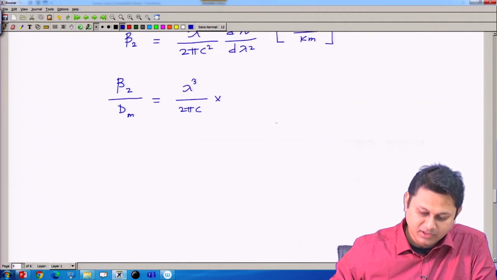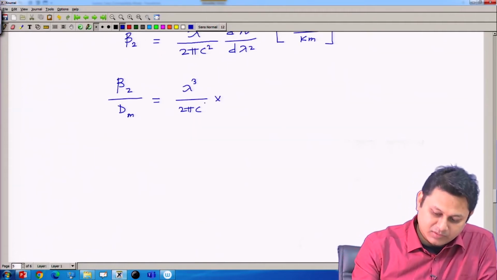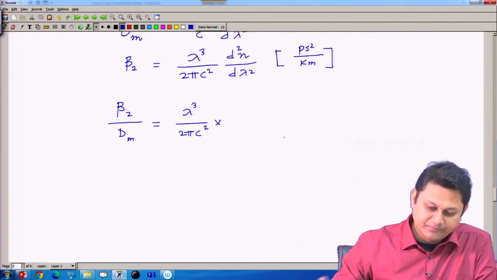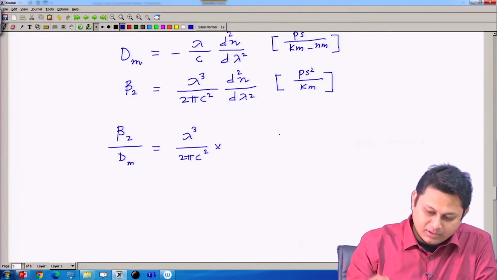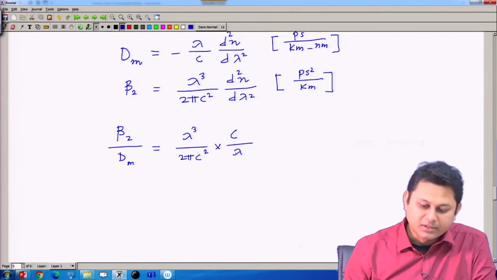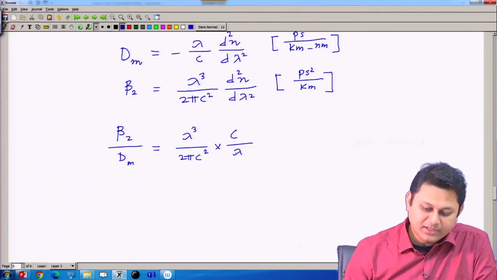So, I missed a c square. So, it should be c square, and then dm is c divided by lambda. The d2n d lambda square terms are going to cancel out.